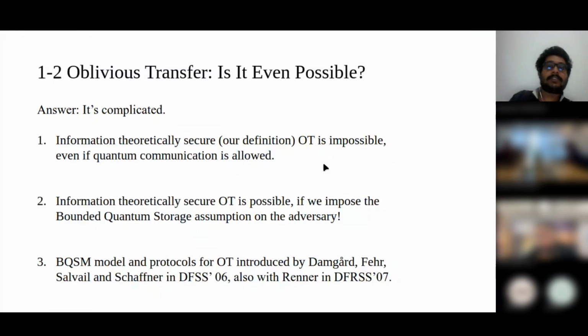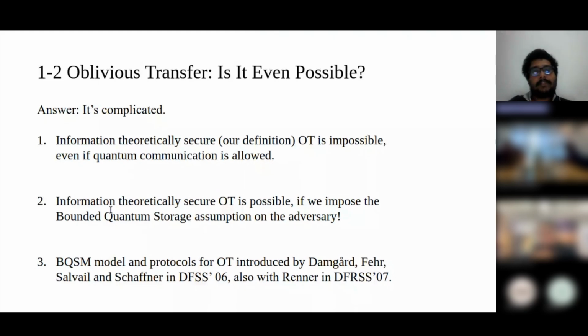And for OT, it turns out that this is impossible. But in 2005 and 2006, there was a series of papers by Ivan Damgard, Serge Fehr, Louis Salvail, Christian Schaffner, and then Renner came along and they published another paper where they improved the analysis. So in these papers, they introduced this thing called the bounded quantum storage model.